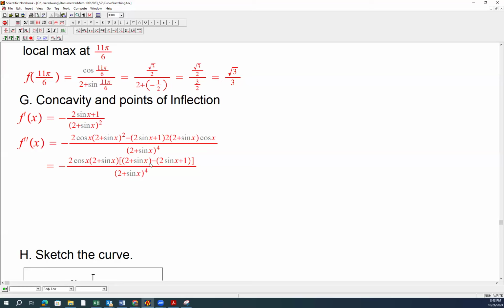Okay, so we have 2 plus sine x, and open up the parentheses on this one, so this is subtract 1. So 2 minus 1, that's going to be positive 1. And plus sine x minus 2 sine x, so this is minus sine x. So we got that.